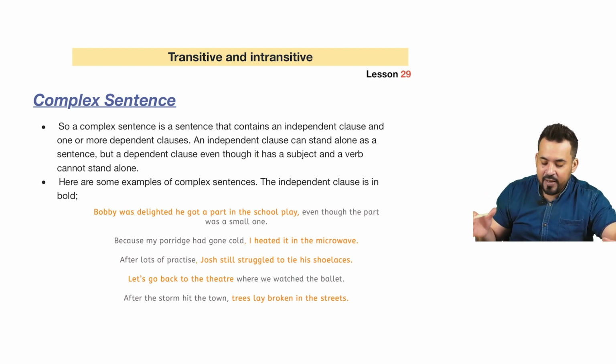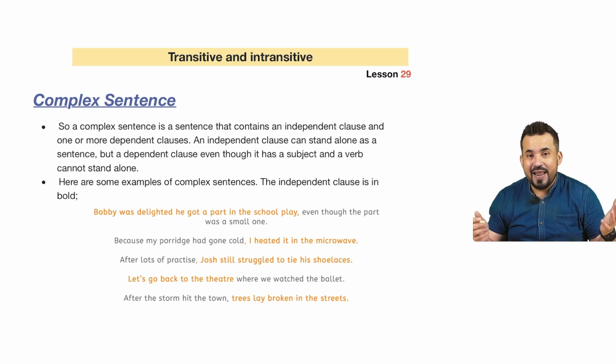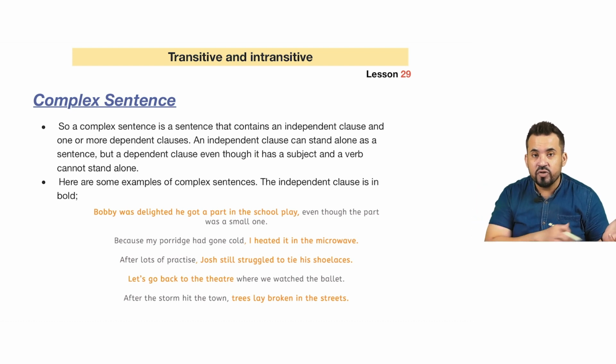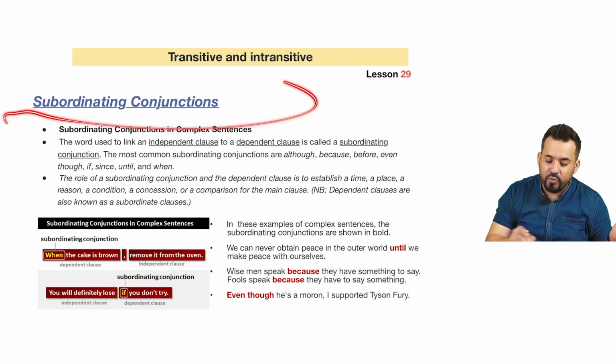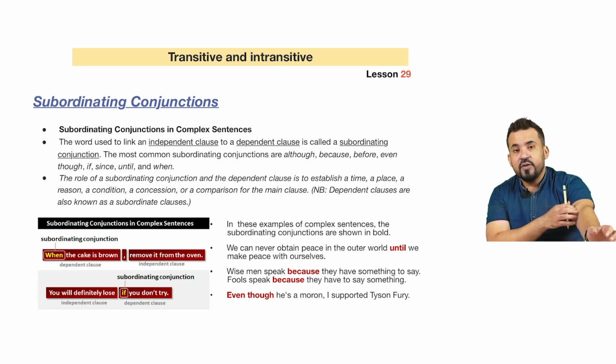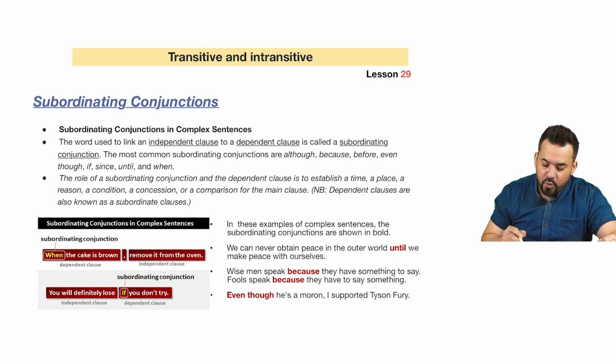Okay, so now let's take a look at the complex sentence. We need to connect the dependent clause and the independent clause, and we use something that is called subordinating conjunctions to do that. So what do we need to make a complex sentence? We need a subordinating conjunction. Subordinating conjunctions in complex sentences.